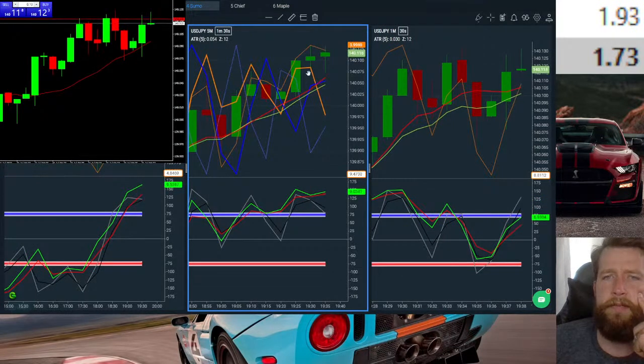With the blues, if they cross, you could take that as a signal in whatever direction the thick blue is facing, and so I'll look for that. And then we have these down here. These are called the majors and minors. Majors are the red and green. Minors are the gray and black.